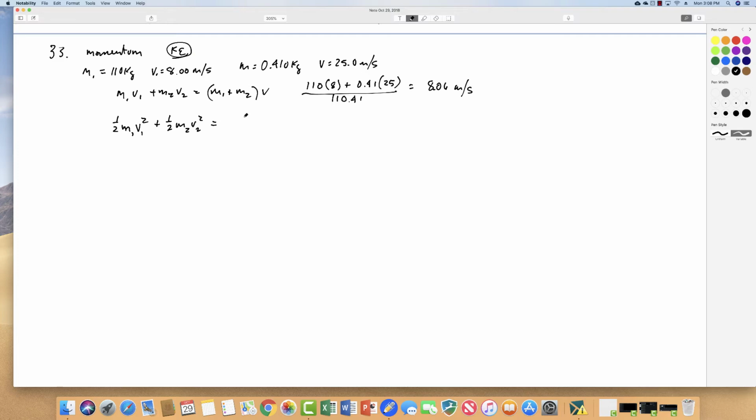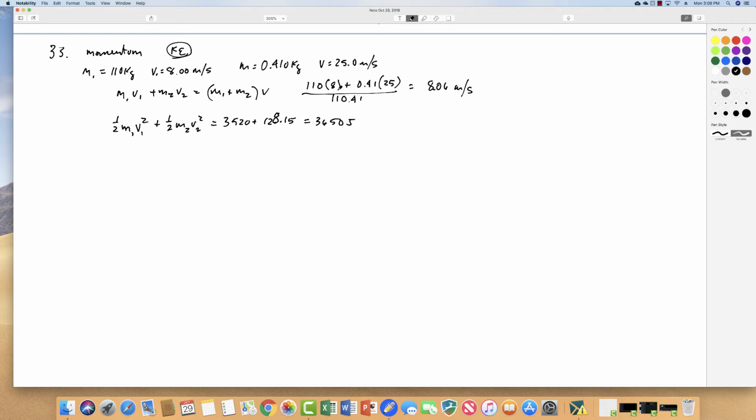If you do that math, you get 3,520 plus 128.15, which is going to equal approximately 3,650 joules of kinetic energy.